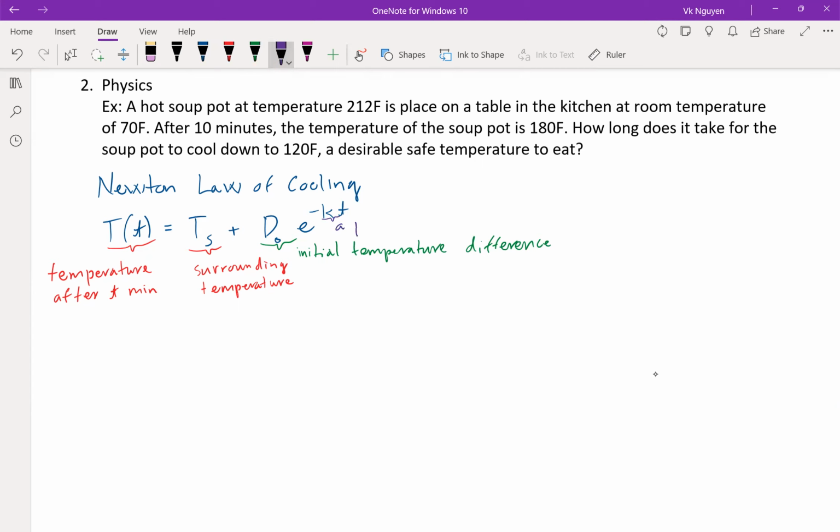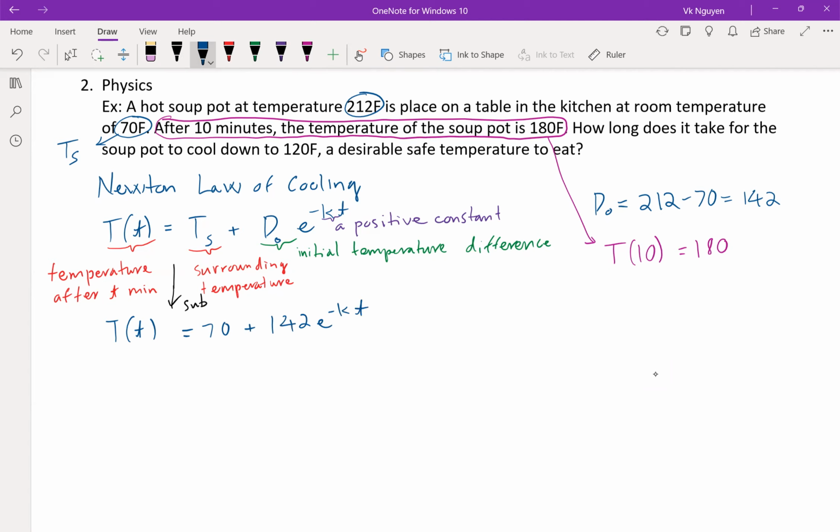We can use this to solve for k, because once we do the substitution, you will see that Ts is the surrounding temperature 70, D sub 0 the initial difference 142, e to the negative kt.